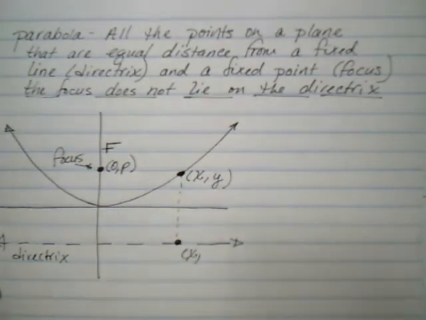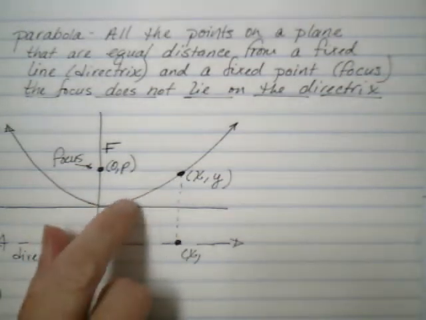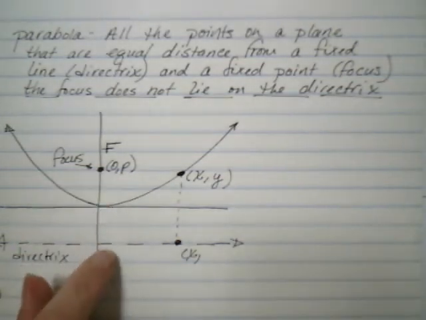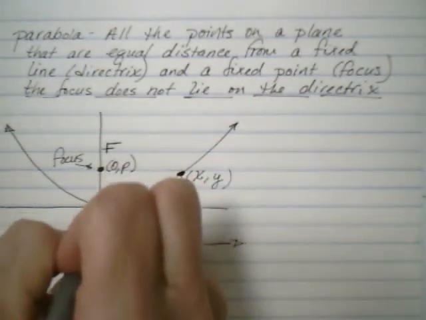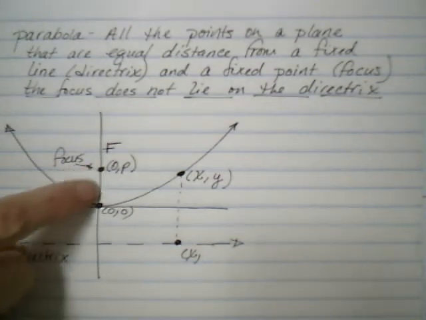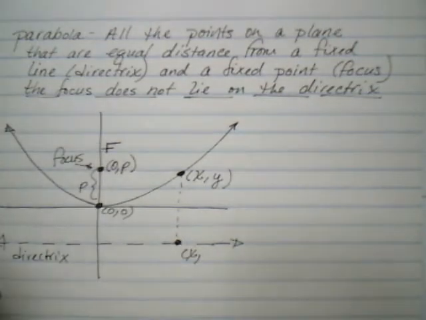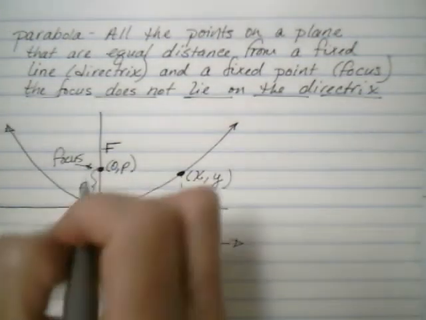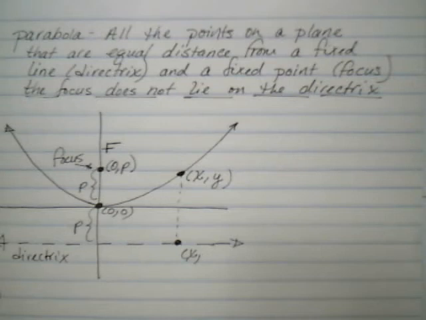Now here's the thing with the y value. You say, well, what is that coordinate going to be? Well, if it's all the points on the plane that are the same distance from the focus as they are from the directrix, and here we've got the point (0, 0), then if the focus is some value p away from that vertex, the directrix is also going to be some value p away from that vertex.